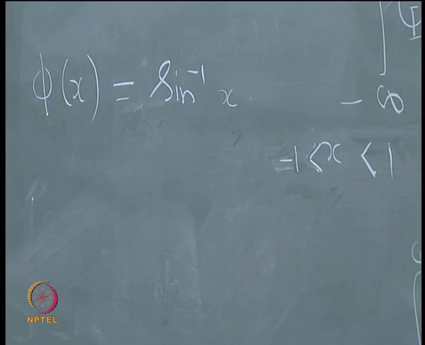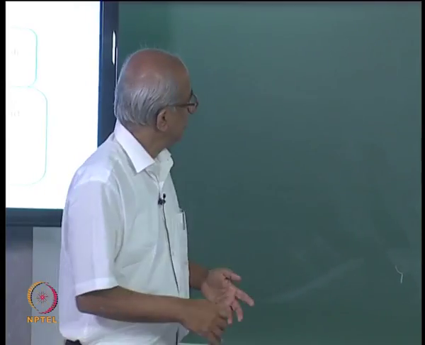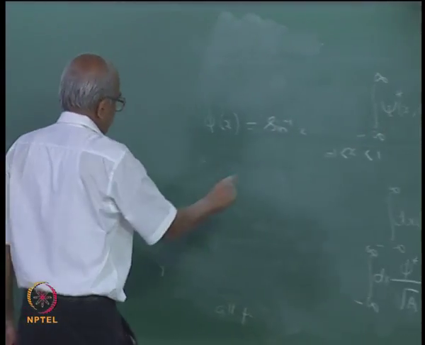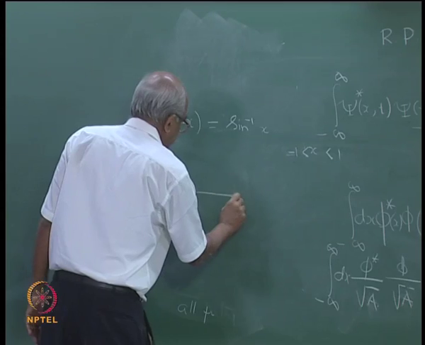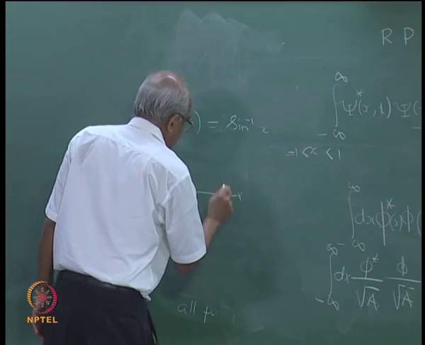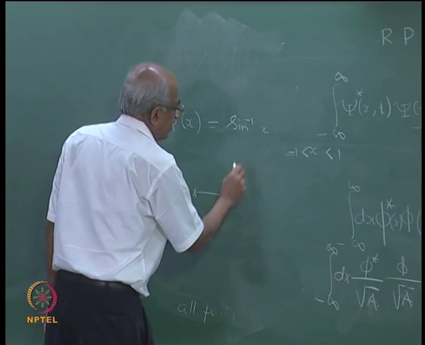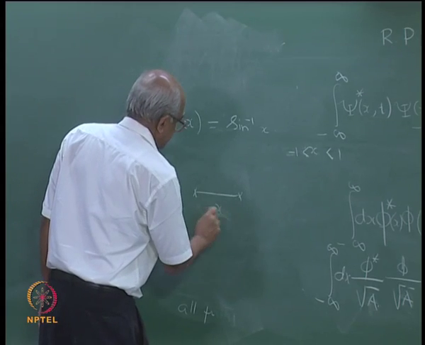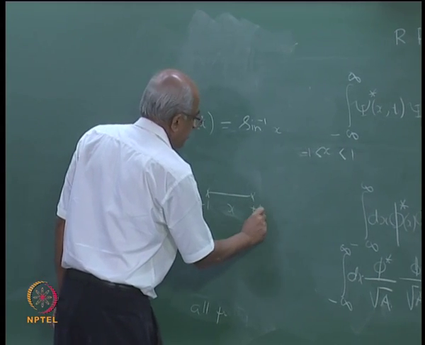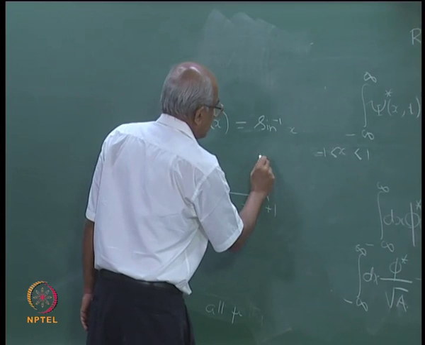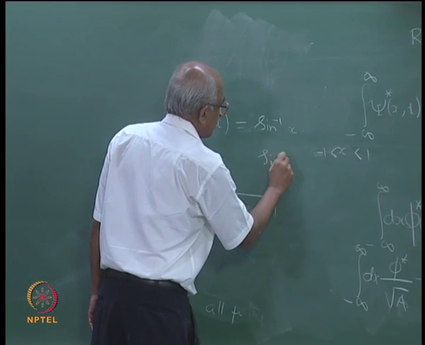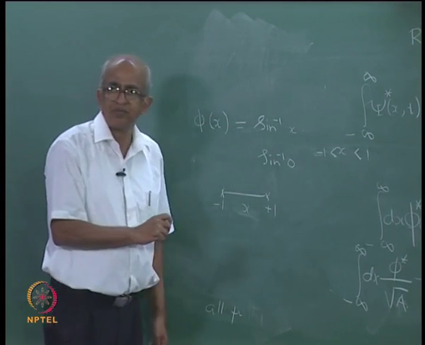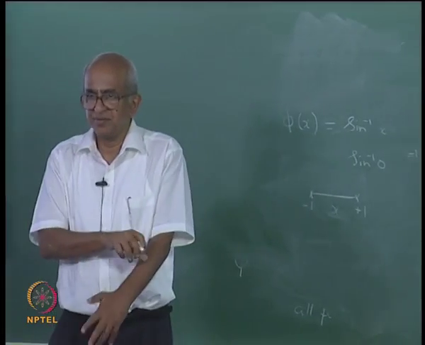This is only for the sake of illustration essentially. So, if you think of this interval running from minus 1 to plus 1, imagine I am evaluating this with x running from minus 1 to plus 1. Suppose I put x is equal to 0, then I will have sine inverse of 0 as my wave function.